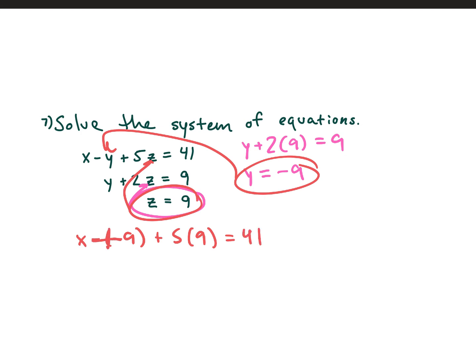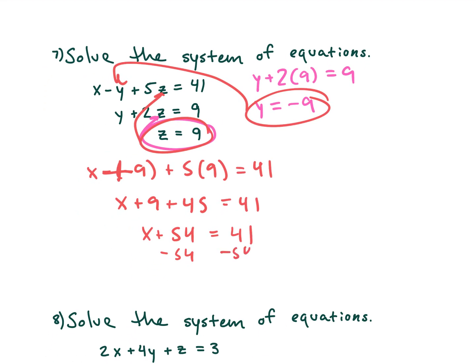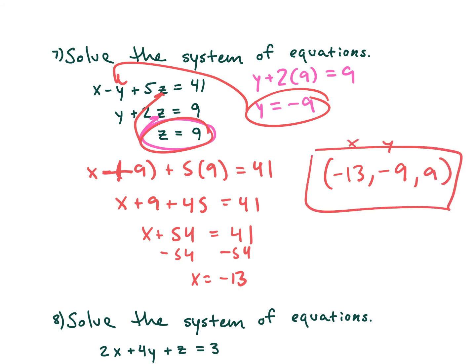This becomes a positive 9. So x plus 9 plus 45 equals 41. X plus 54 equals 41. Subtract 54 on both sides. So x is equal to? Negative 13. So how would I write my answer? Perfect. Negative 13, negative 9, 9. So it's x, y, z.